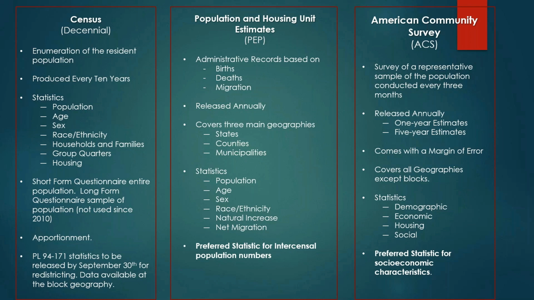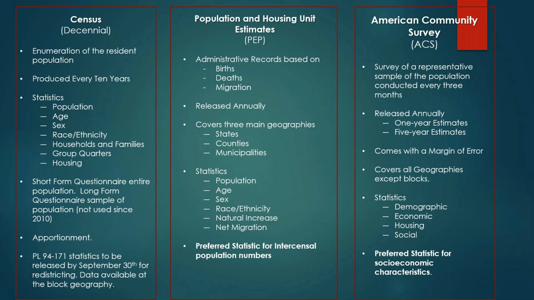Generally, for years following the release of the census, the intercensal years, 2011 to 2019, we recommend using the population estimates to get a count of the resident population. At the state and county geography, the population estimates are broken down by age, sex, and race.